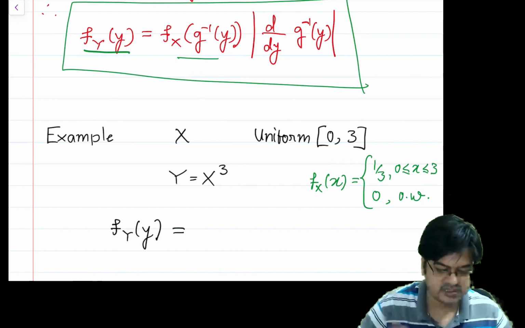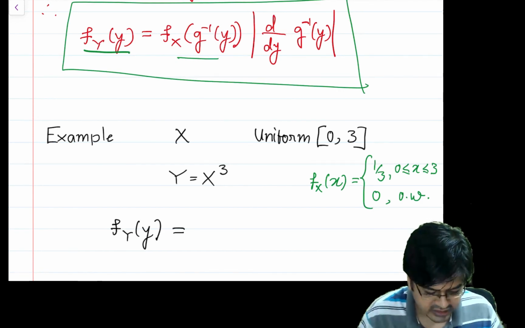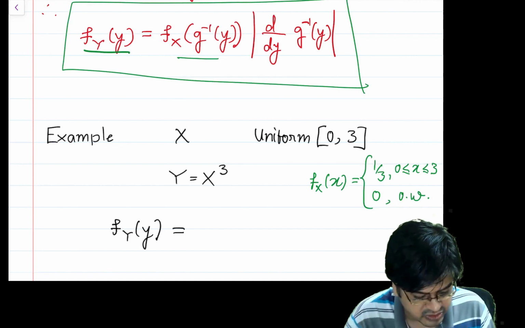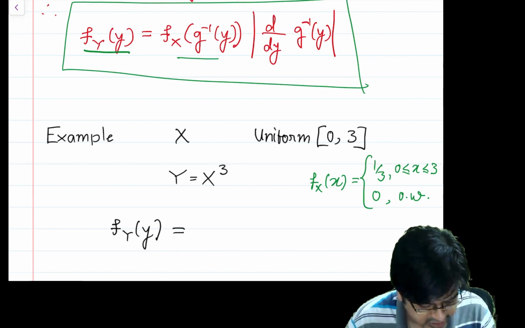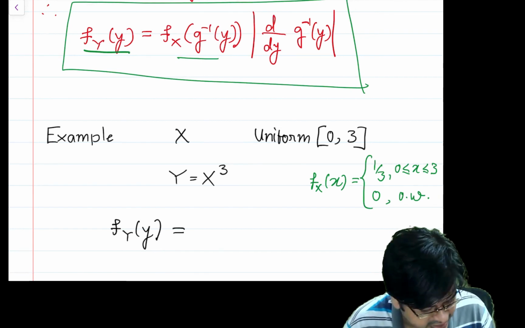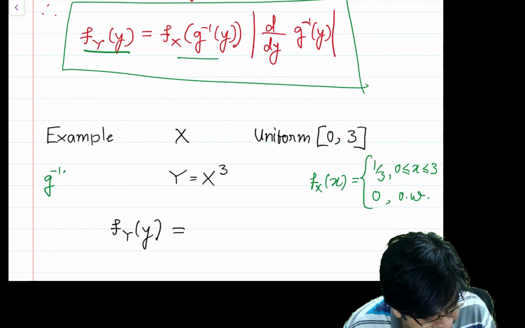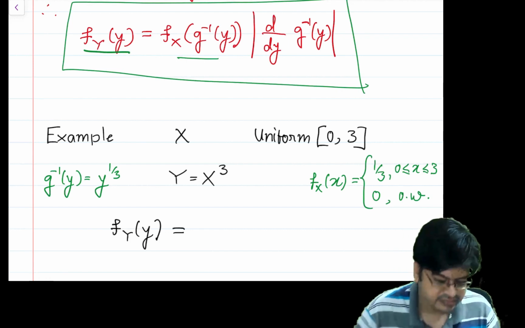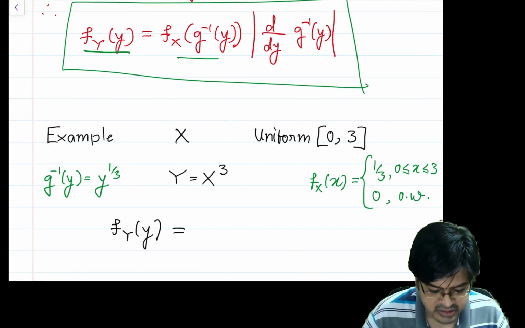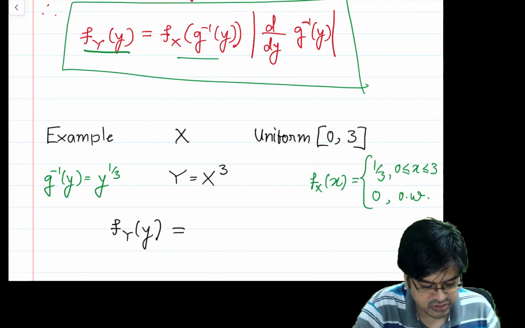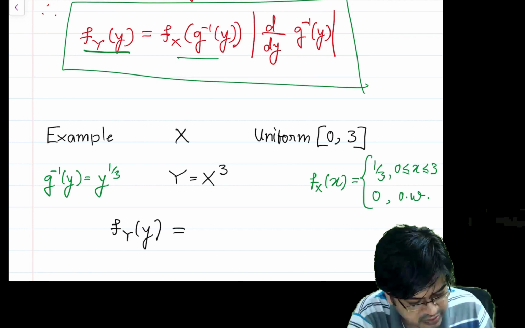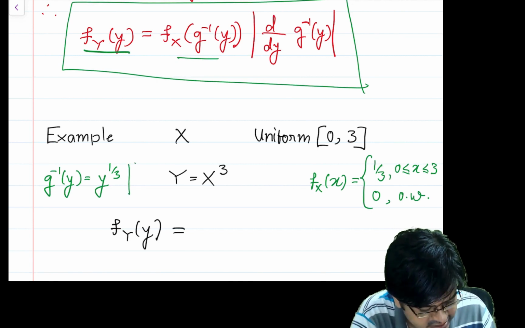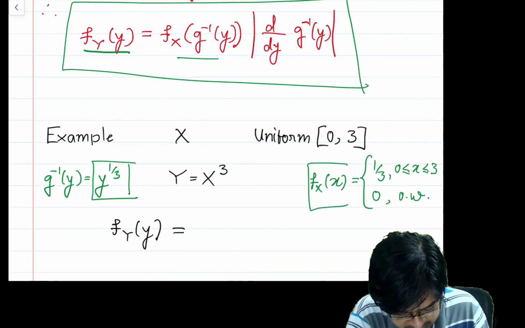So sometimes when g is a monotone function, then the job is very simple, as I will demonstrate. So what is g inverse of y, that also we need. So g inverse of y is actually y raised to 1 by 3, correct? That is my x. So I will replace this.